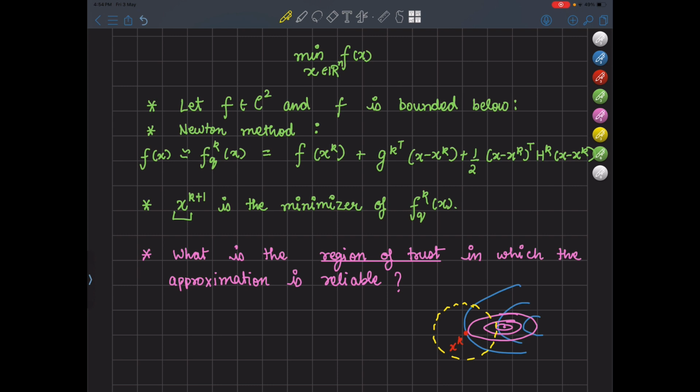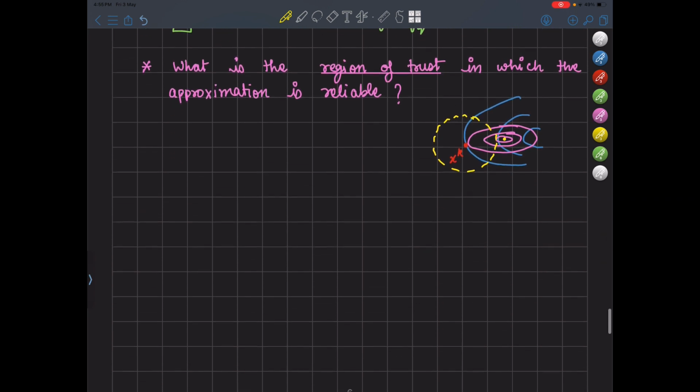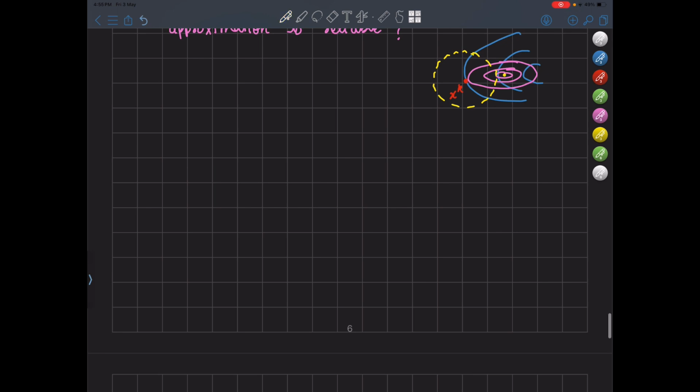Beyond that, the error becomes big. So in the Newton method, we try to find the minimum point, but in trust region we restrict ourselves to this region of trust. This is the motivation through which people came up with trust region based methods. So let's see what the trust region method is.